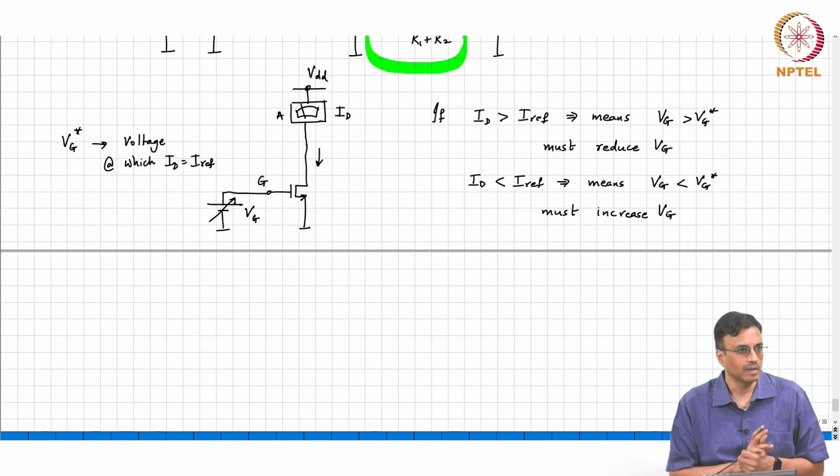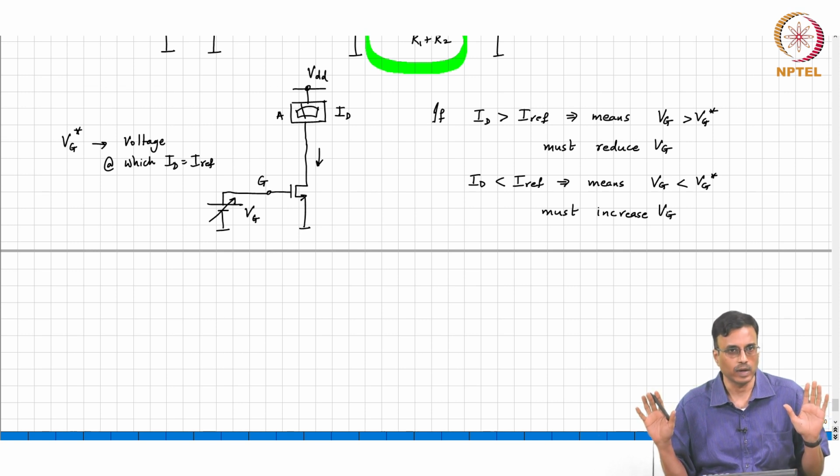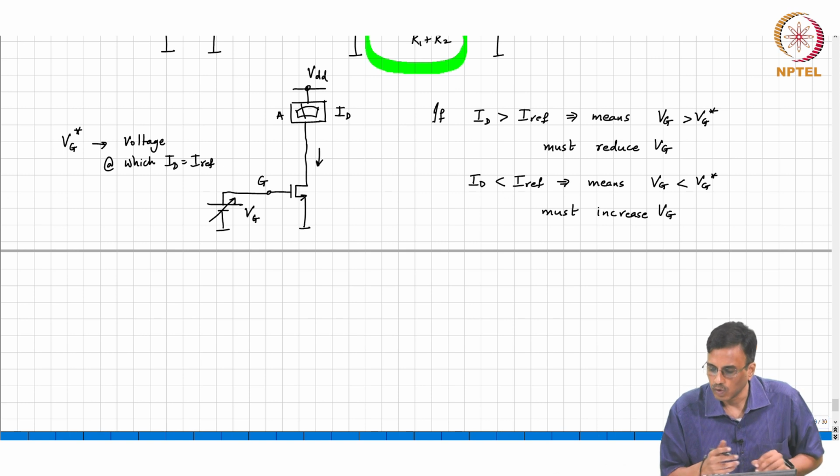Does it make sense? So eventually when you are done, what happens? The gate voltage will be Vg star and the current will be equal to Iref.